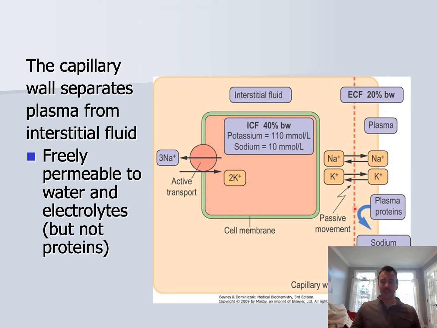So you can imagine a capillary moving through the interstitial fluid here. You can get passing of, for example, sodium and potassium ions, but not necessarily proteins, shown here. You can also have passing of these electrolytes across the cell membrane, as we talked about in the past.